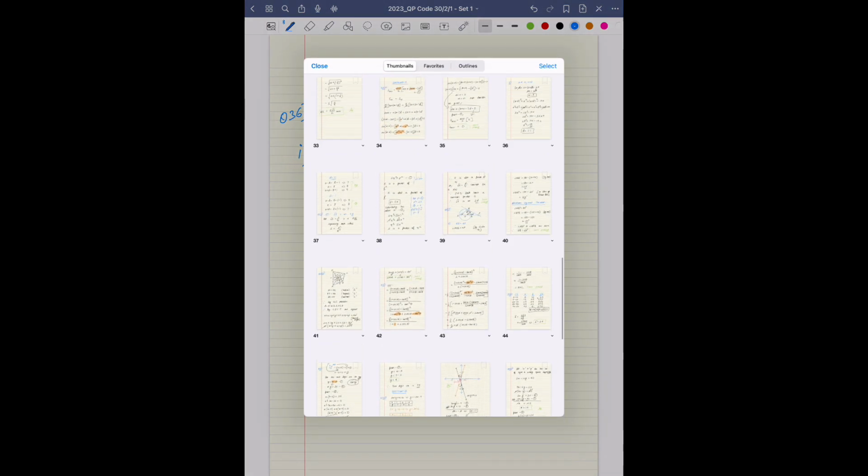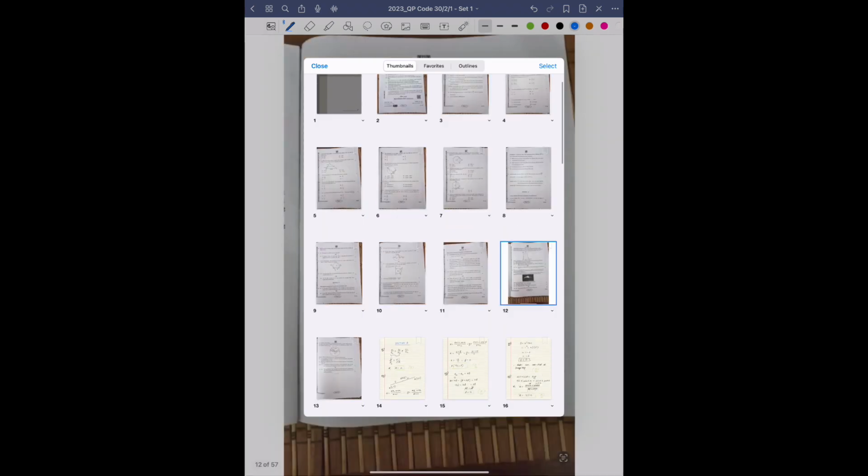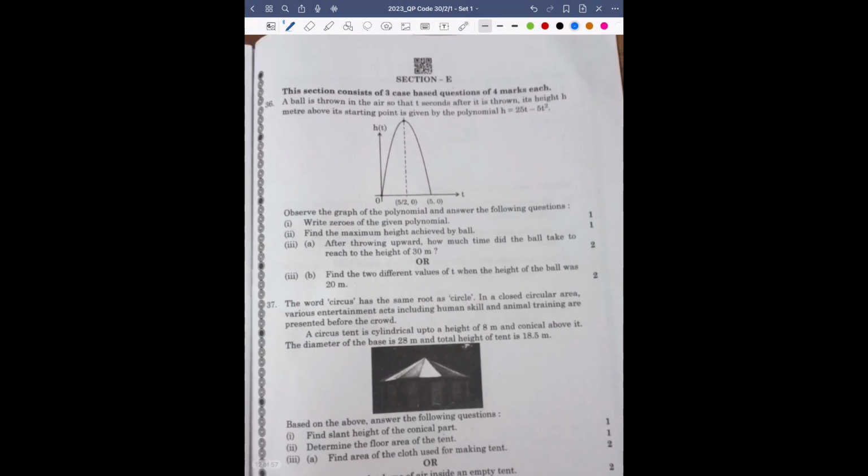Okay, we'll have to look at the graph a lot, so let me show you. Zeros of the polynomial is nothing but h(t) equals 0. So if your polynomial is p, they need to ask what are the values of x where p of x, in this case h of t, is 0. So they need to know the values of t where h of t is 0.